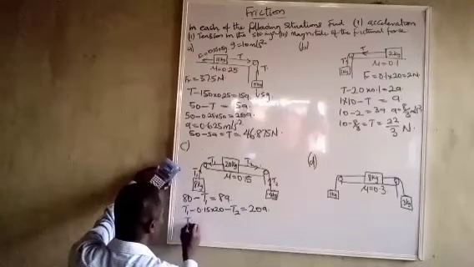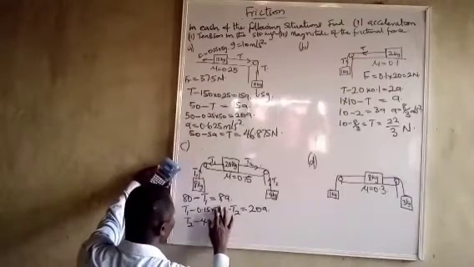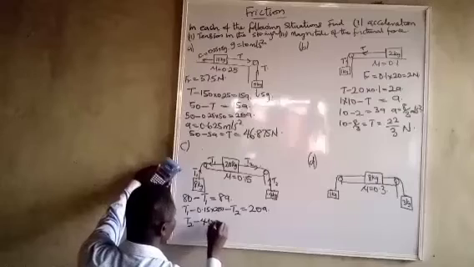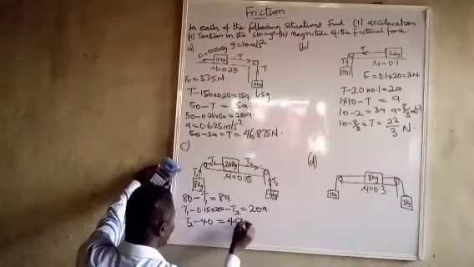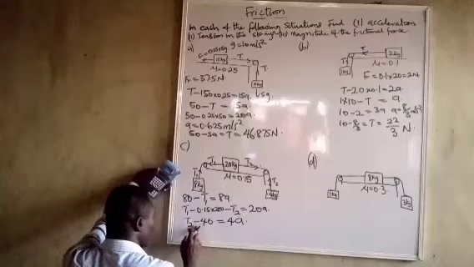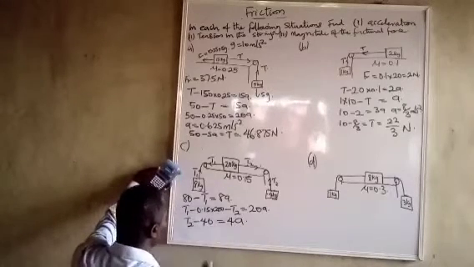So T2 minus, this one is 200, please, T2 minus 40 is equal to 4a. Now, T2 will be equal to 40 plus 4a. Okay, let's see what it will be like.